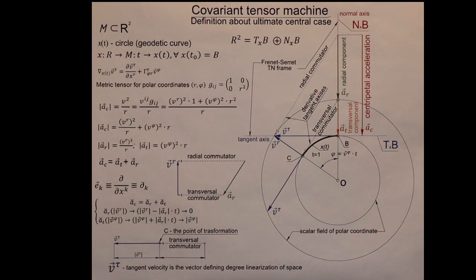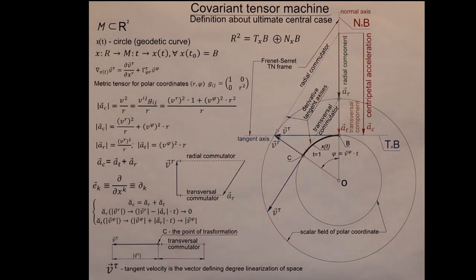Its axis connects the arrow of the radial velocity with the start of the radial acceleration vector. The first commutator I call the radial commutator.